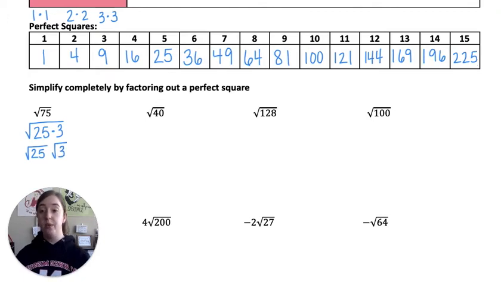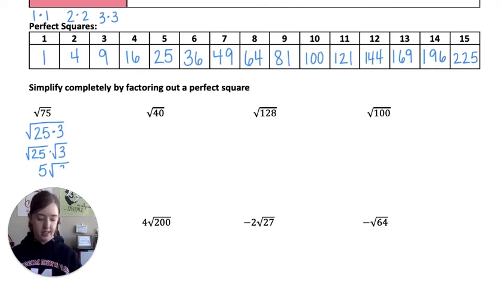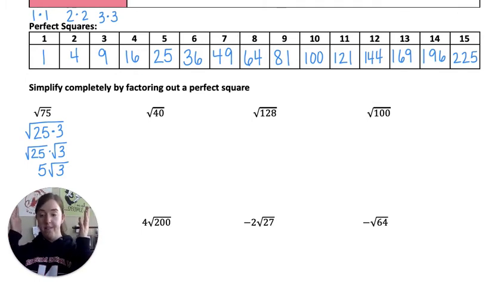So I have the square root of 25 times the square root of 3. Now we know what the square root of 25 is. That's 5. But we don't know what the square root of 3 is. It's some gross number, right? So we're just going to stick the square root of 3 on the end. So the square root of 75 is equal to 5 square root 3.